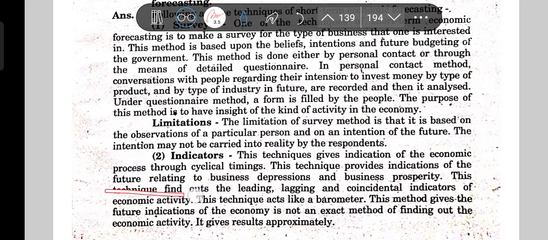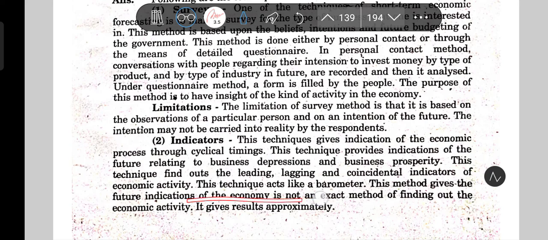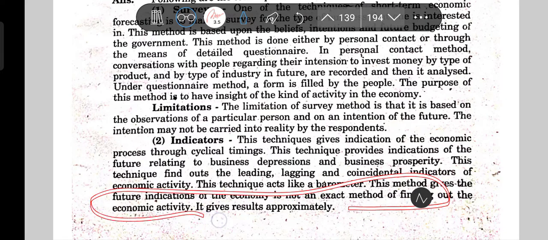This technique acts as a barometer, and this method gives the future indication of the economy, not an exact method of finding out economic activity.